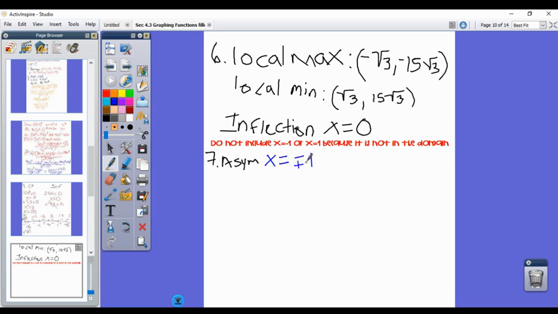All right, and so when we're looking at our end behavior, we actually are going to look at approaching 1 from both the positive and negative direction, since we can't approach 1 because it's going to be doing two different things. So we're going to have to separate that out.